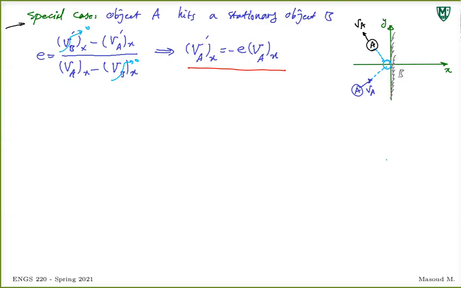Here, this equation is derived based on VA being in the positive direction, right? If you decompose this VA you get VAX in positive X direction, we get VAY in positive Y direction. So this equation, all the signs and everything is based on VA being in positive direction, both components.